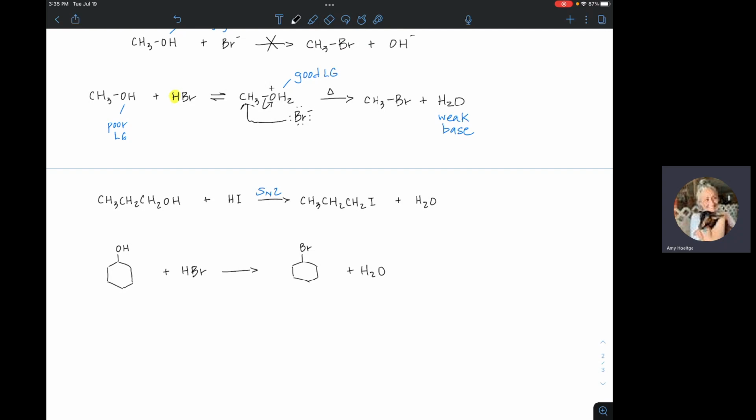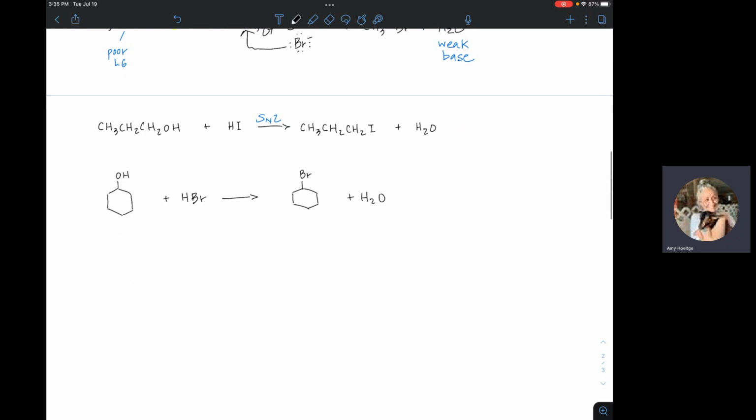We're going to come in and attack the carbon that bears the leaving group. It is unlikely that a secondary or a tertiary alcohol, so draw one of those in there, is going to undergo an SN2 reaction. It is more likely to undergo an SN1.